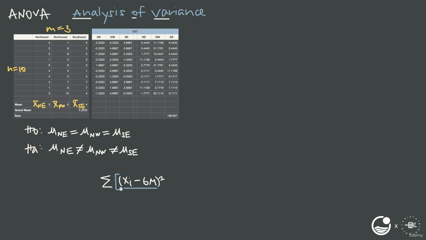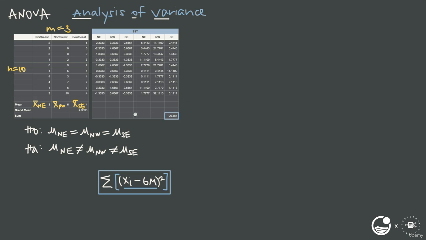That gives us each squared value. And then to find the sum, we add up everything from this right-hand side, all 30 of these squared values, and we get this value right here: 196.667 or 196 2/3. That is our total sum of squares value.